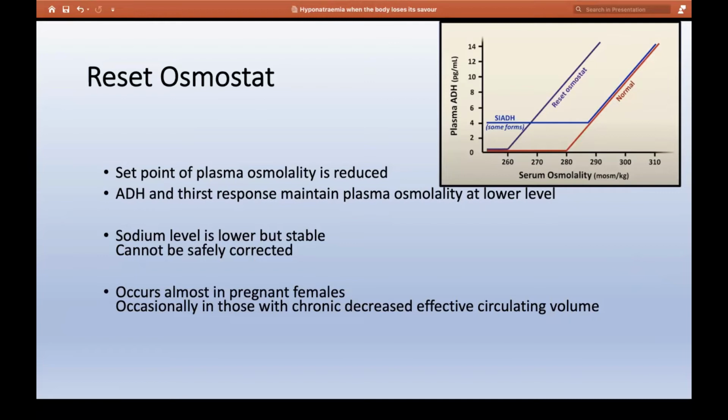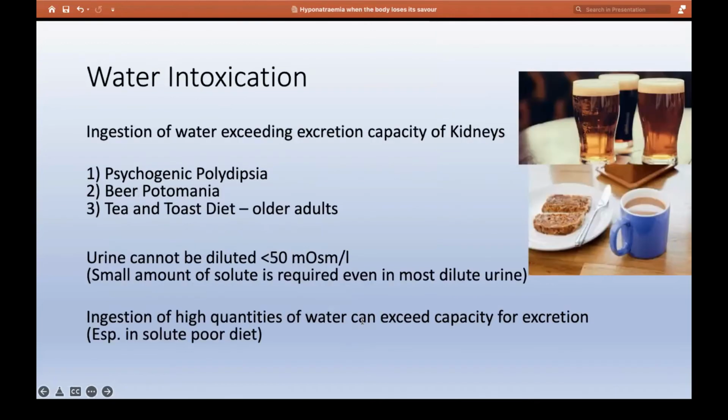You would encounter these patients in your practice if they are pregnant, or in those who have decreased effective circulating volume, like those with a tendency of going into heart failure, not established yet, chronic liver disease, or renal disease. So this is something that you see, but you cannot safely correct.